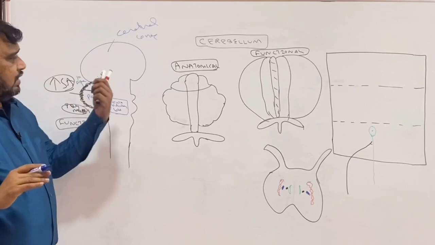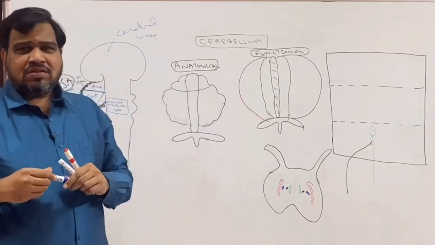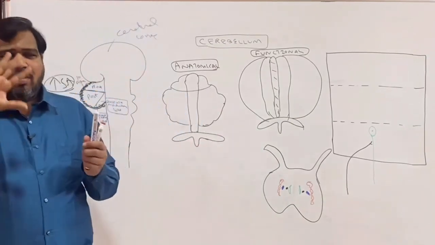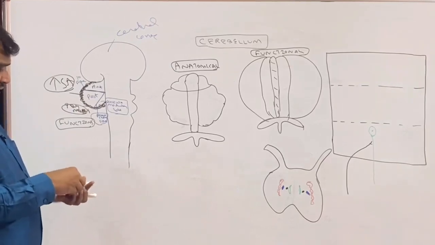Before going into the detail about the anatomical division and functional division, first let us discuss the functions of the cerebellum in a broad way. For example, just understand, I will draw it here.